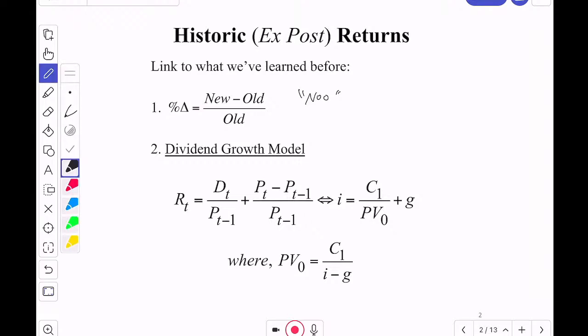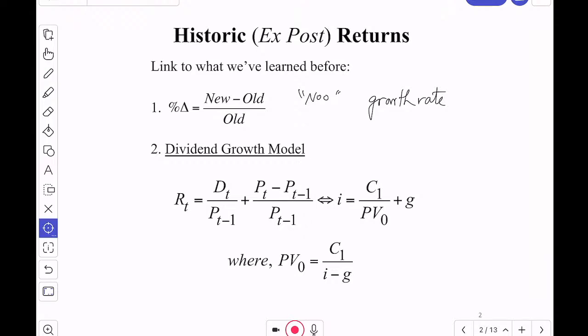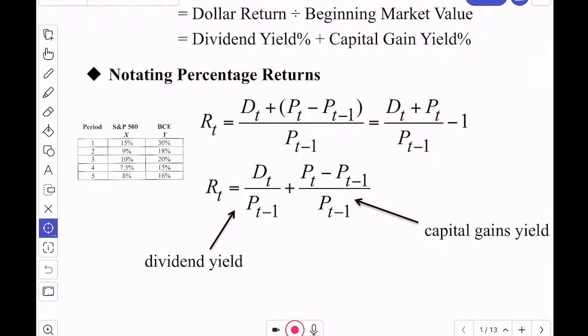And it turns out that this is a good estimate of growth. It's a way of calculating the growth rate. Growth rate of returns is important, right? Towards computing stock value overall, the price. So let's see, that's what this is.